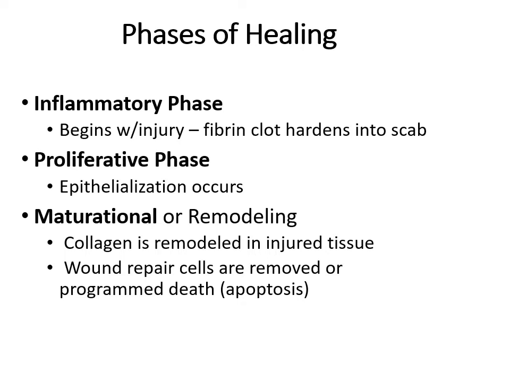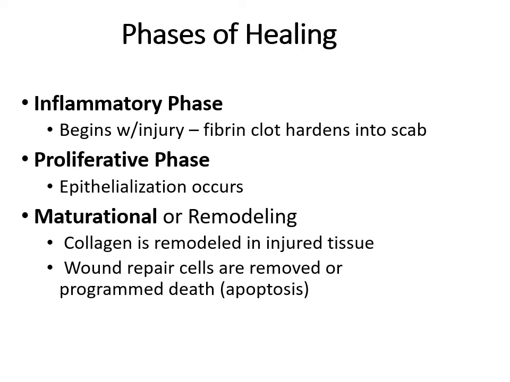There's been bleeding into the area, so a fibrin clot, which is the end product of coagulation. You get a fibrin clot, or you could just call it a blood scab, is really what it is, right? So the fibrin clot hardens into the area, and that's the inflammatory phase that we've been talking about.